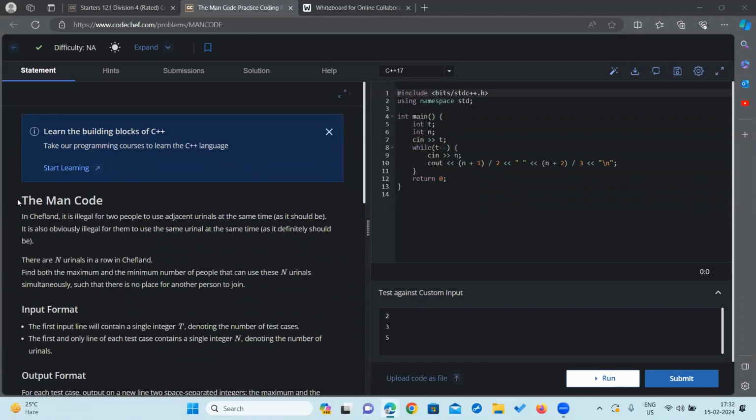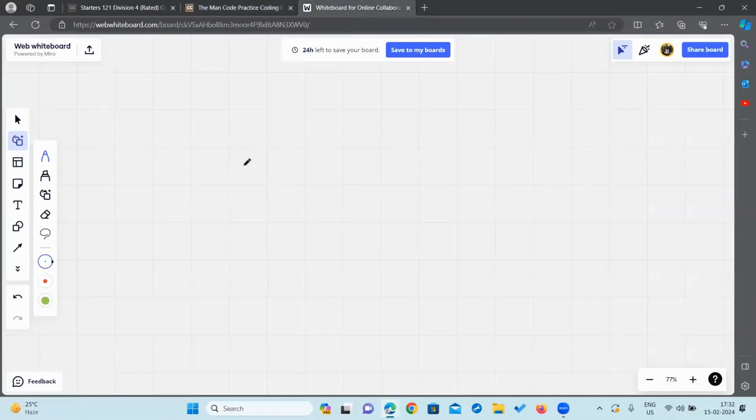Today we will be looking at the second problem for the CodeChef Starters 21 Division 4 contest. Let's look into the problem statement first. We are given n, which denotes the number of urinals, and we have to return two integers.